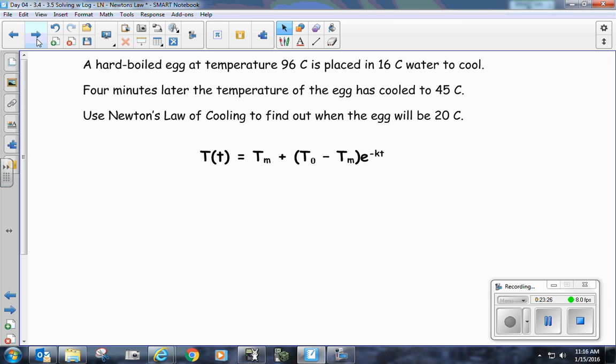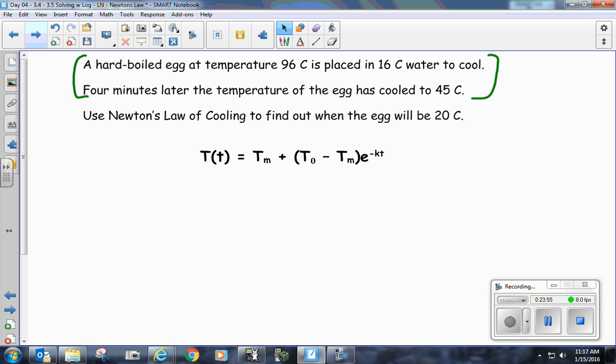They will say, a hard-boiled egg at temperature 96 degrees Celsius is placed in 16 degrees Celsius water to cool. 4 minutes later, the temperature of the egg has cooled to 45 degrees. Right here, in these first 2 sentences, they give us a starting temperature, an ending temperature, a medium temperature, and a time. We can find K based on that.